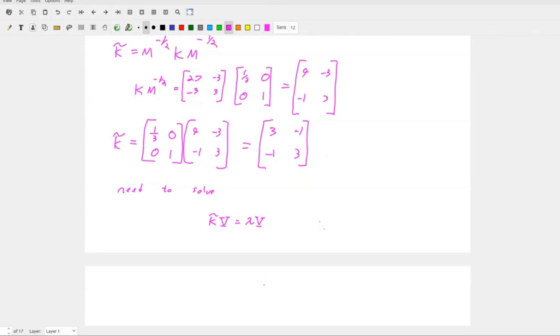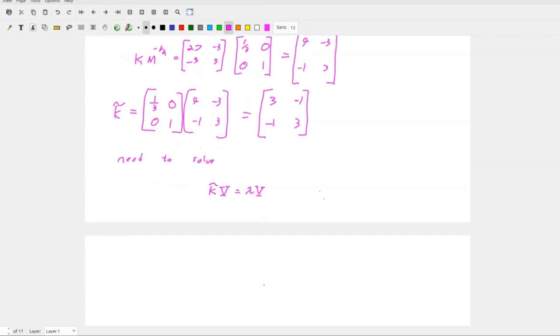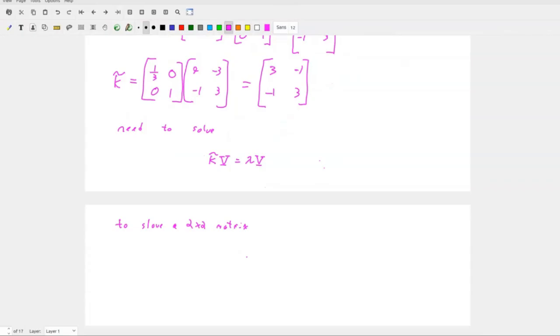Anyone remember how to solve an eigenvector of a 2x2 matrix? Yep. So first, to solve a 2x2 matrix, and this might be an exam thing, so make sure you know how to do this.